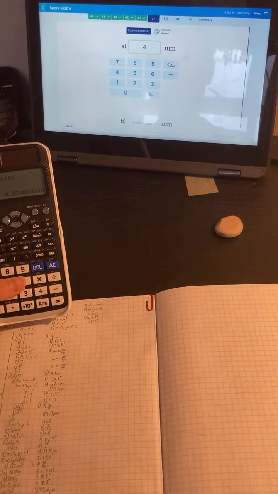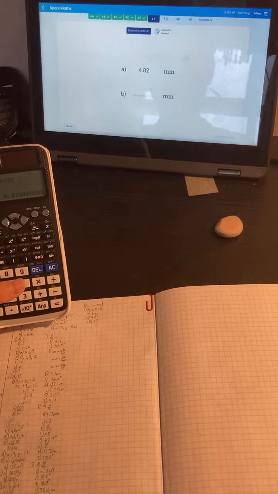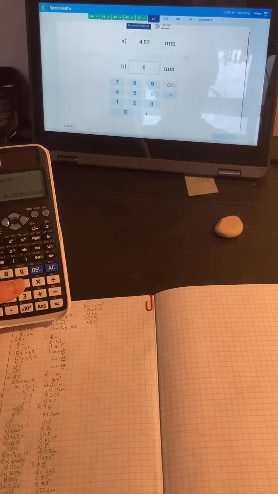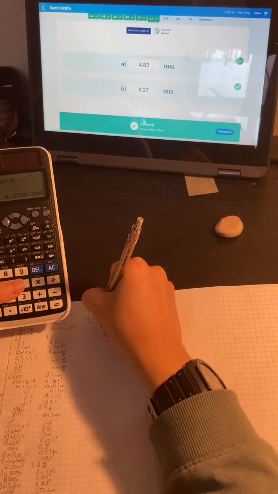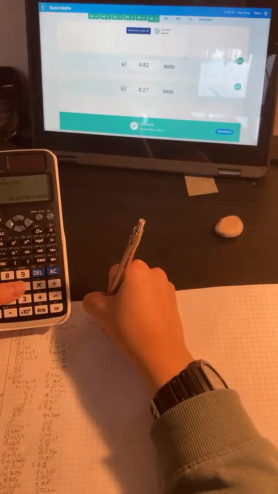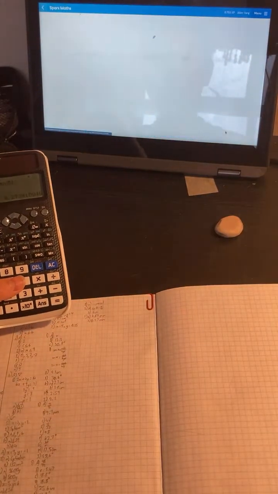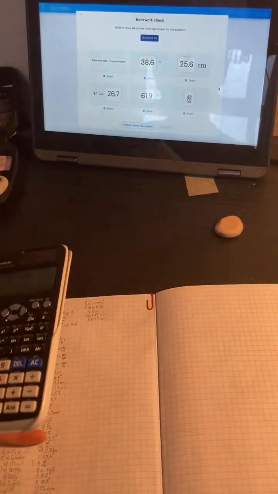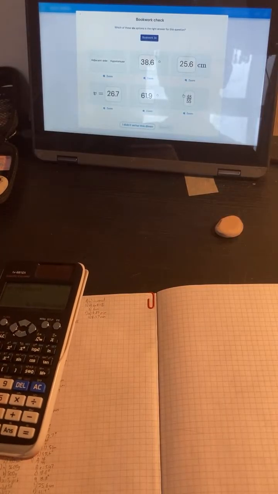They're all in millimeters. I cannot be bothered to write down the units. Now I'm going to write them down. Yay. Three A is 48 over 55. Boom.